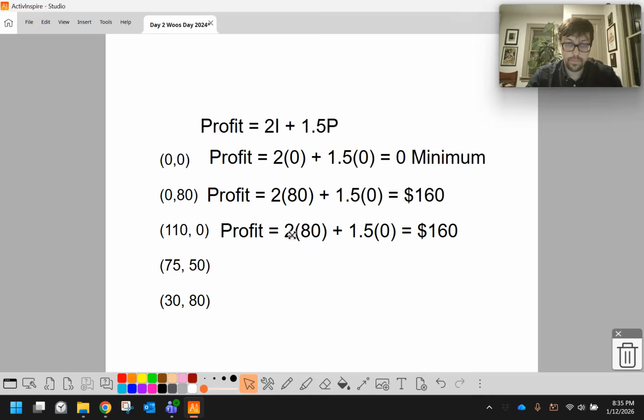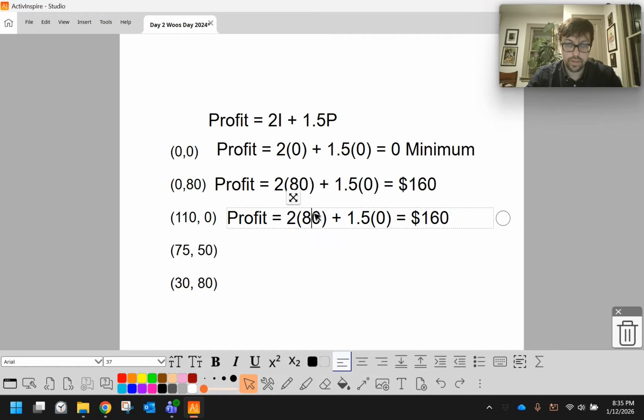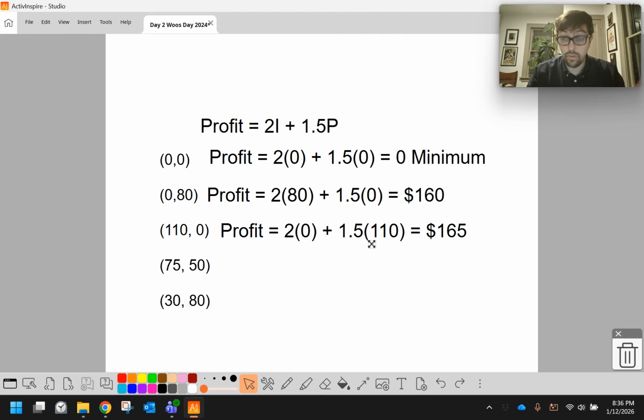If I check this next one, this one's not going to do any iced cookies, and then we're going to do 110 for our plain cookies. 1.5 times 110 is $165. So that is a little bit better. It's not great, but let's see what we can do better.